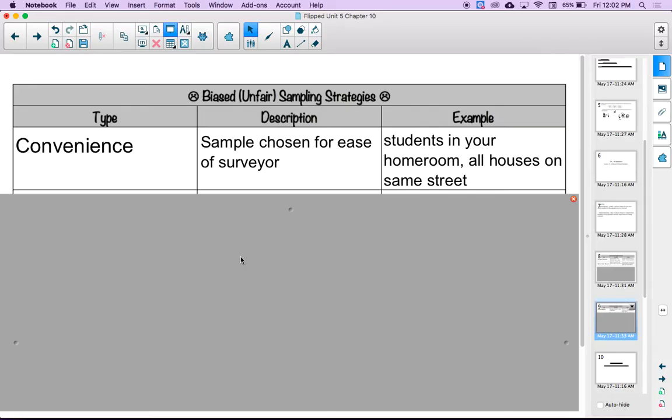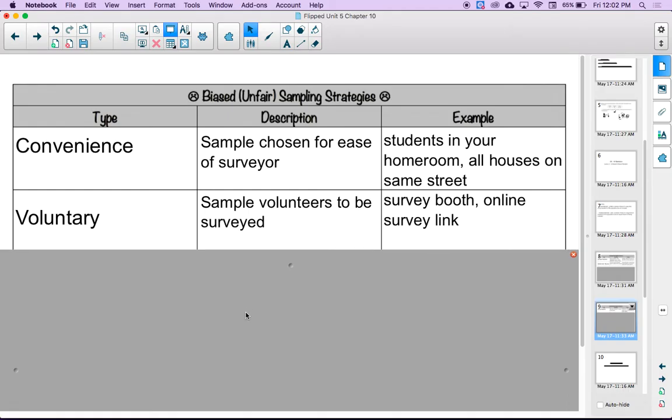Another example of a convenient sample is if you want to know the school's favorite sport, and you survey only people on your soccer team. Easy access for you to talk to these people, but you're not going to get a good, unbiased sample if you choose a convenient sampling strategy.